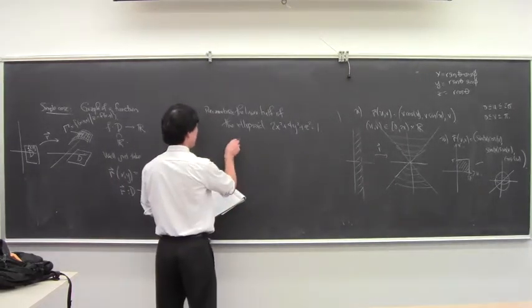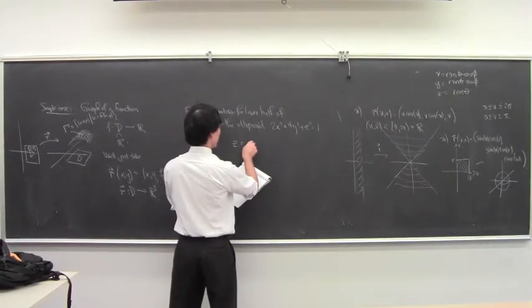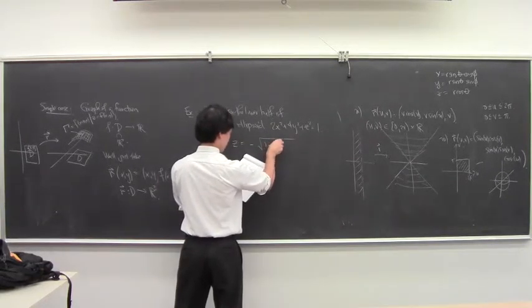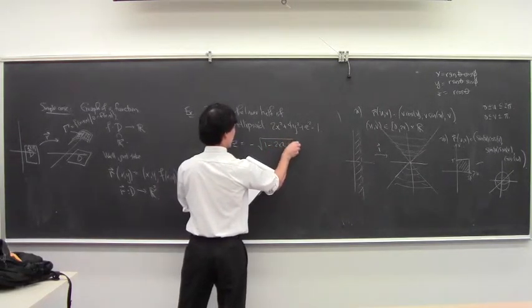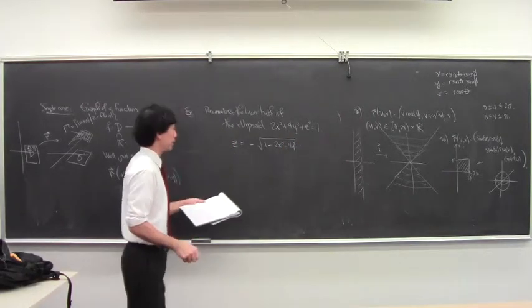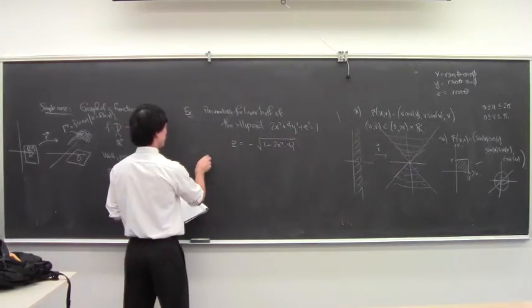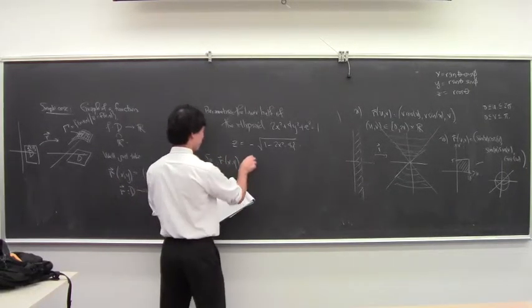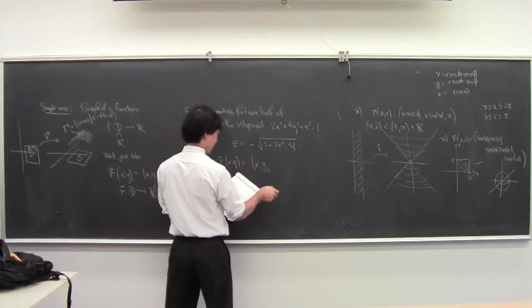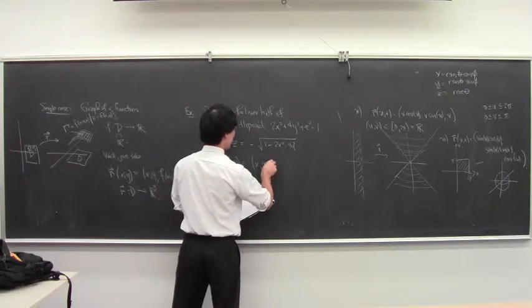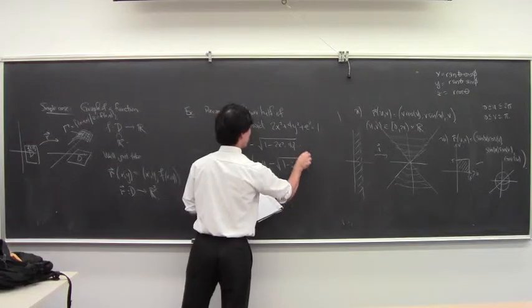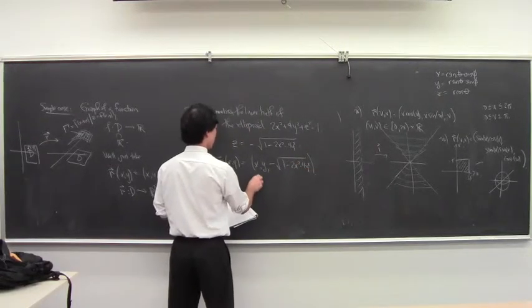Well, I know that z is going to be negative the square root of 1 minus 2x squared minus 4y squared. So you just take r of x, y being x, y, z, and that will do.